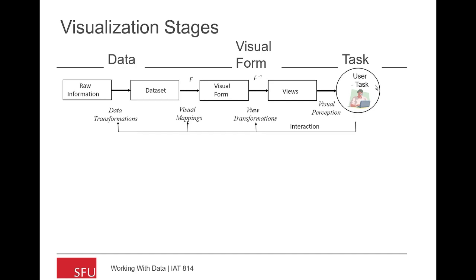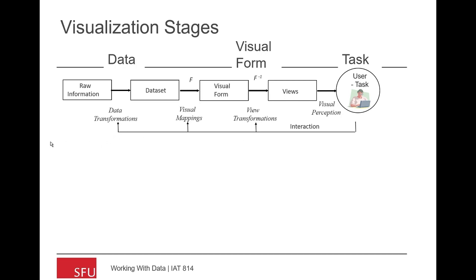And on the right, here's a user who is interested in using the system to understand the information being presented, and transforming that information, transforming the presentation, through interaction to do view transformations, visual mappings, and data transformations.